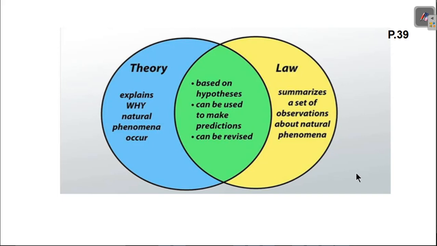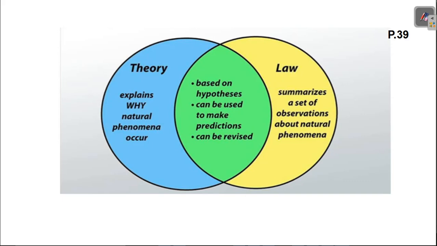Now, before we look at the first law of thermodynamics, you need to know what a law is. Hopefully you know these from physical science and from biology. You should have some inkling of the difference between a theory and a law. You already know that science works with scientific hypotheses. You start with a hypothesis.